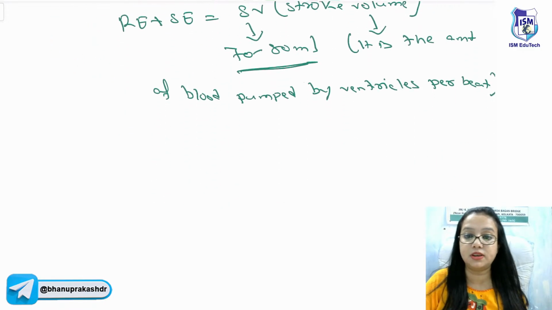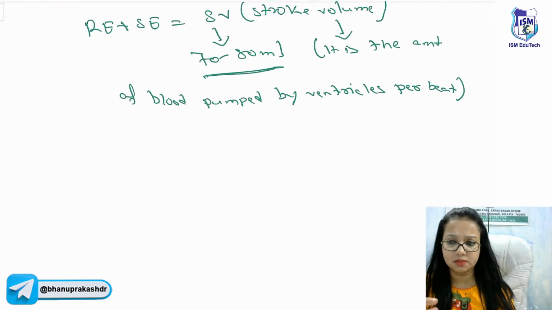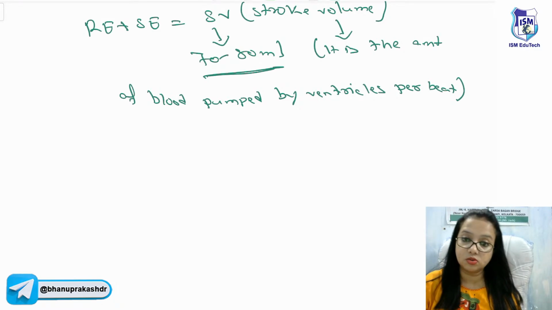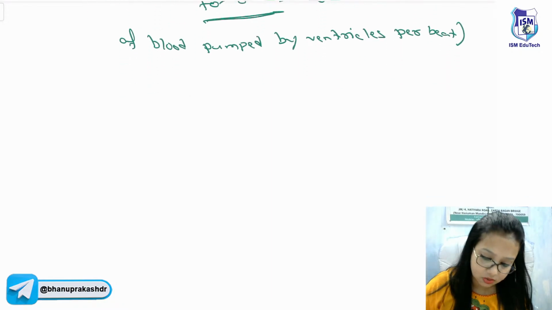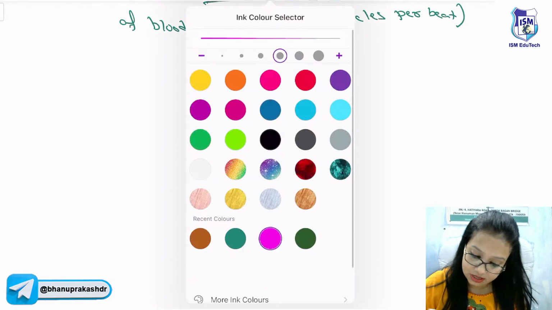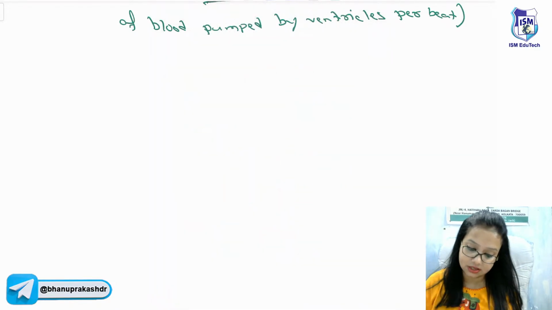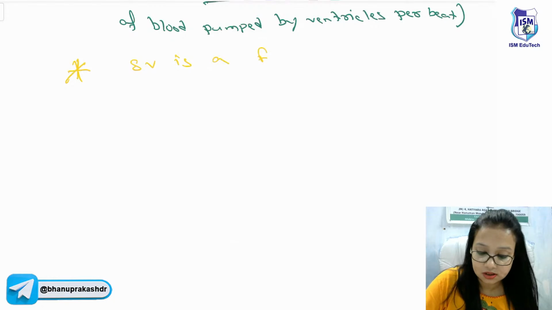Like every time the heart is contracting and relaxing, per beat, how much blood is pumped out of the end diastolic volume. Now here, very quickly, just a mention, details about it you will study later, just in our orientation session. Just remember, this stroke volume is a fraction of end diastolic volume.